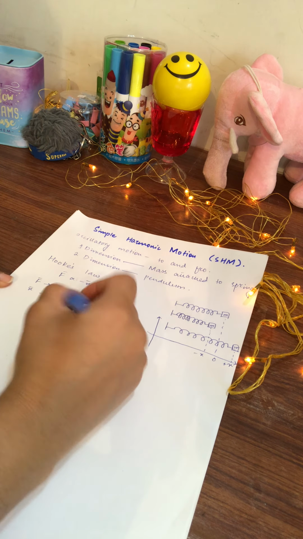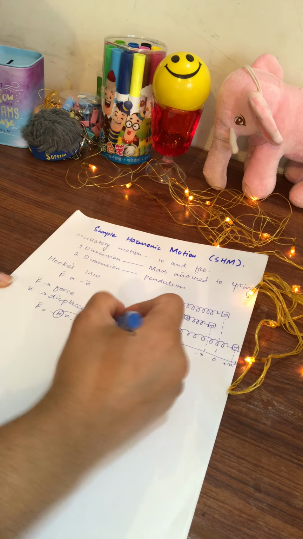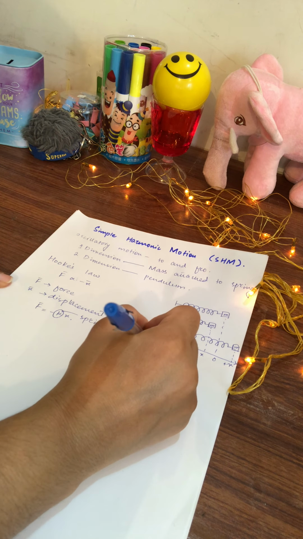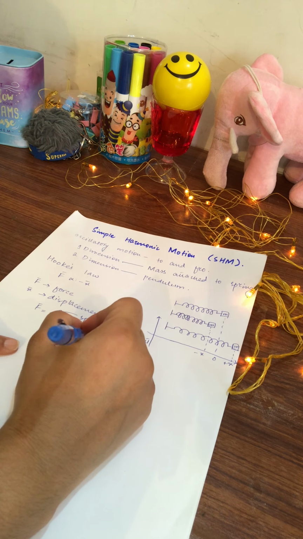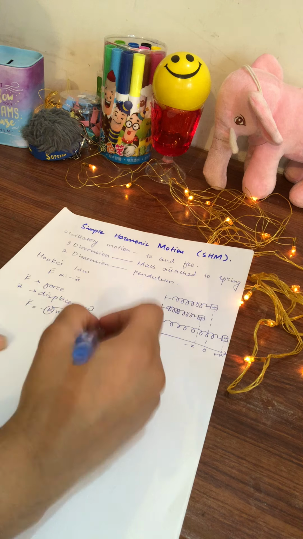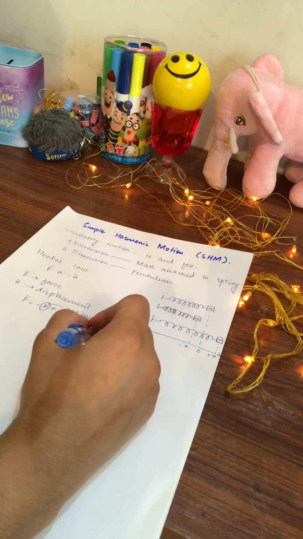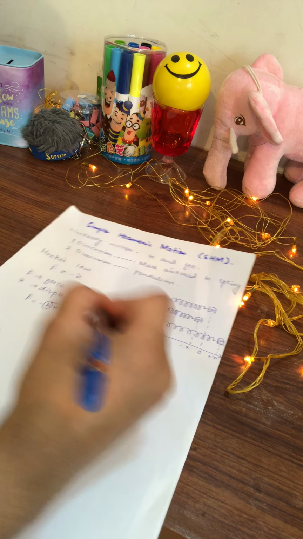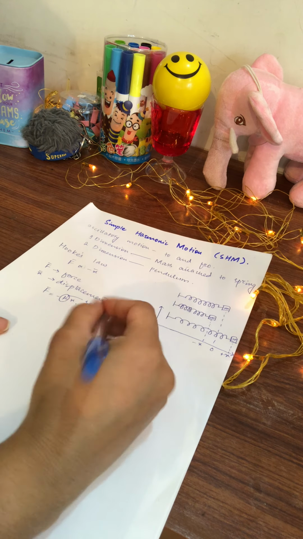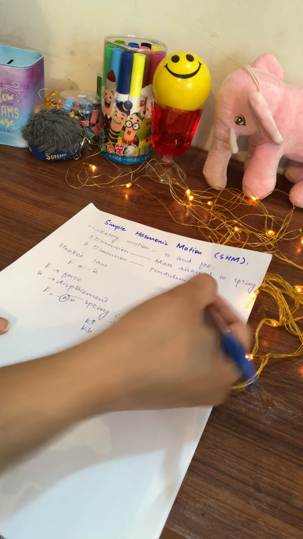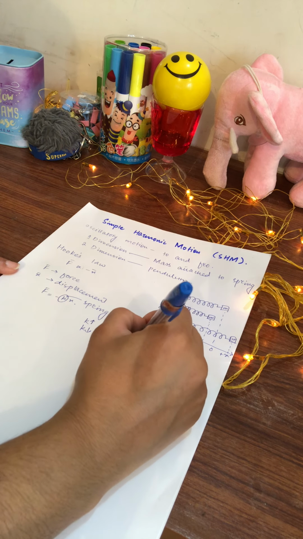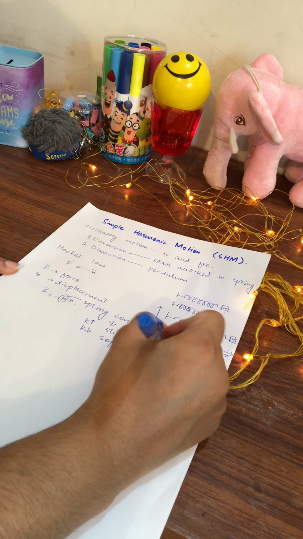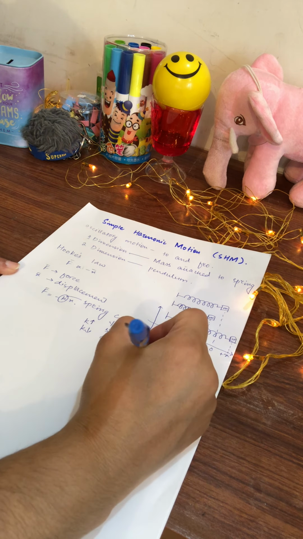Here this constant is the spring constant. If the value of k is larger, then the spring is stiff, and if the value of k is small, then the spring is soft. It tells about the stiffness of the spring.